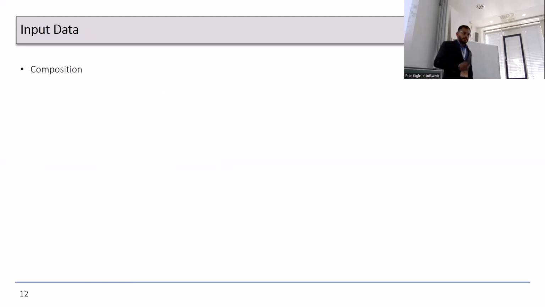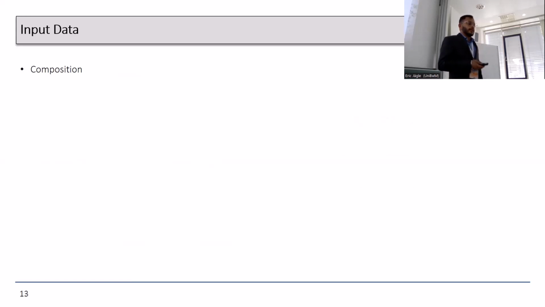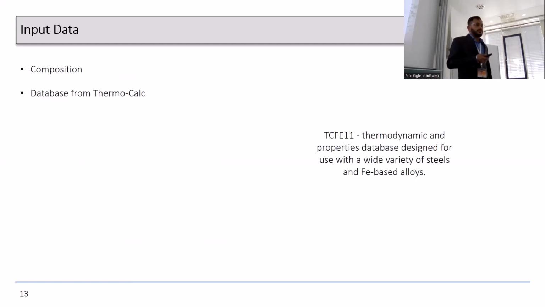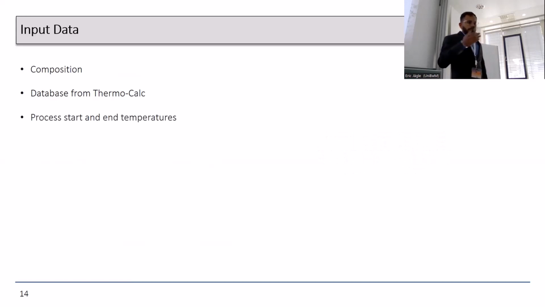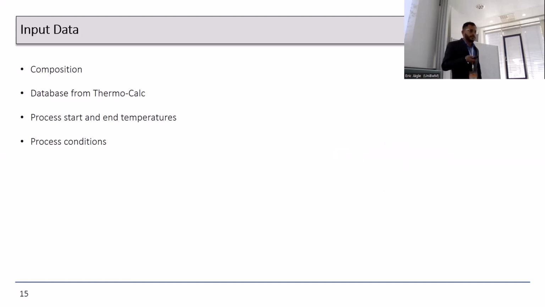The input data a user has to give to the model is, first, the composition. These are the compositions that we used, as we will see in the results later. Then the database which must be used for the composition, from Thermo-Calc. Here we use TCFE. Then the process start and end temperatures, and process conditions like gas temperature, emissivity, initial density, gas velocity, etc. Then the phases that need to be tested.